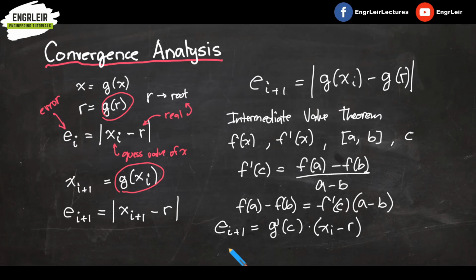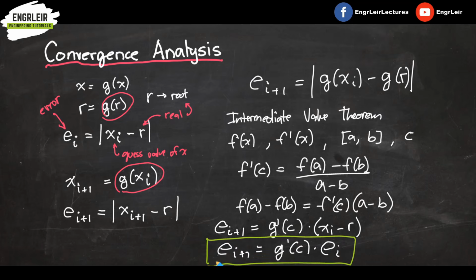So ang sinasabi lang nito is related yung next error by the derivative ng function natin at point c. At point c is a point in between x sub i and r. Okay? So derivative na to times yung previous error. So ito yan. Now, ano ang pwede nating i-conclude dito sa analysis na to?